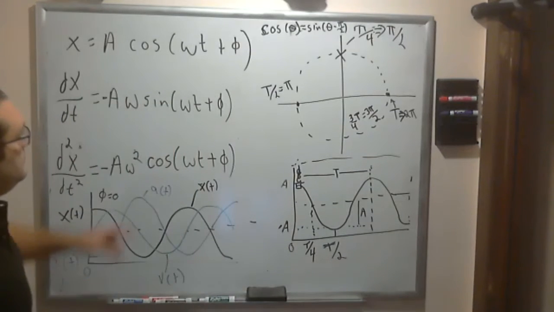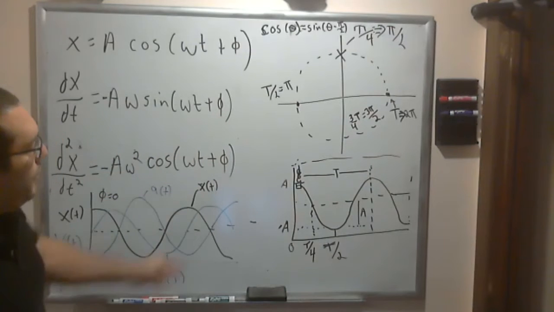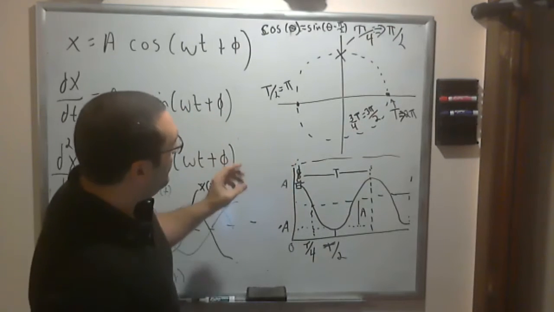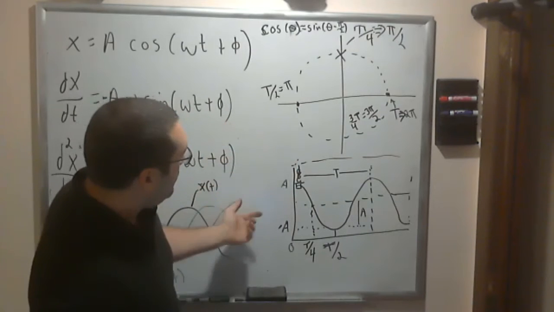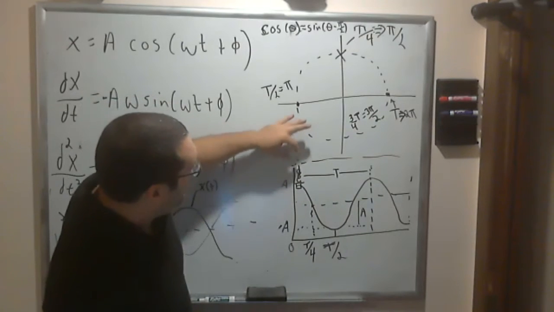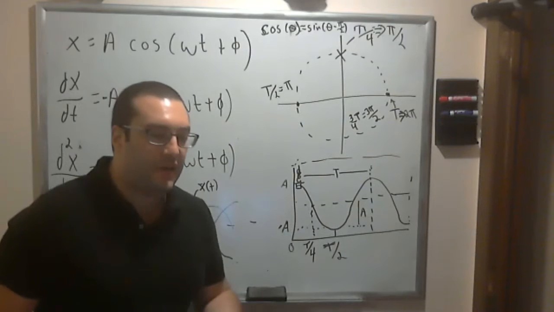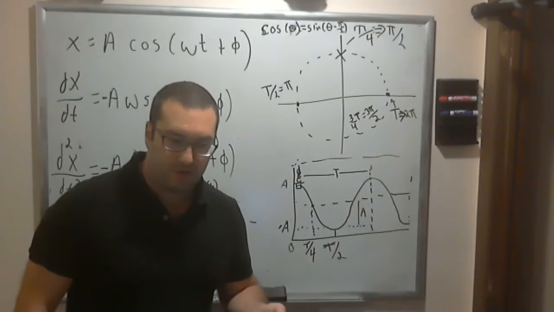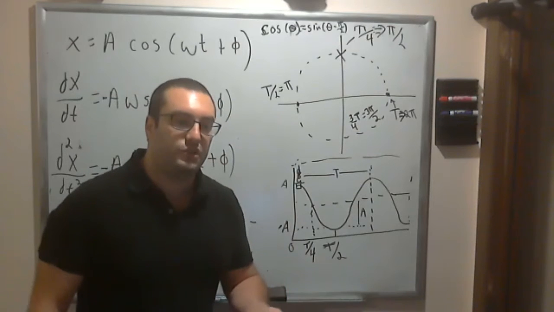Now, to describe how you start, what we say is that these are the initial conditions of the oscillation. Okay, how do we start this oscillation?